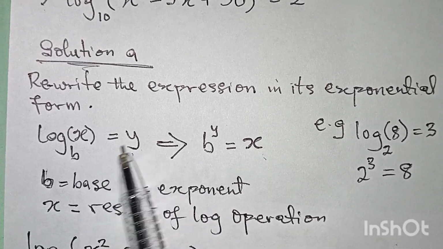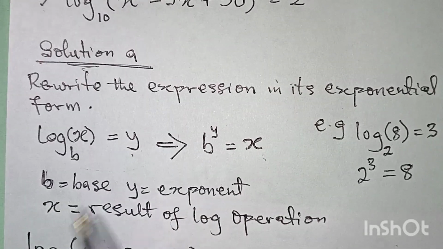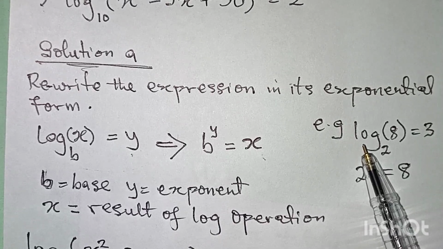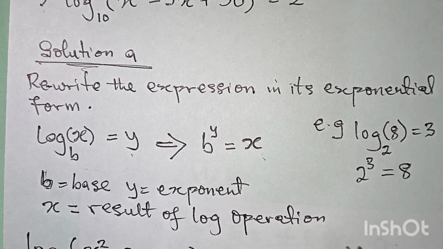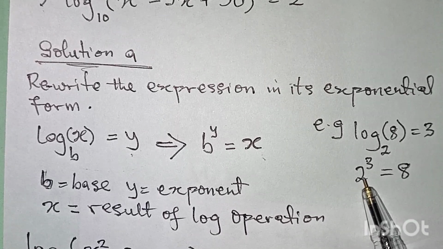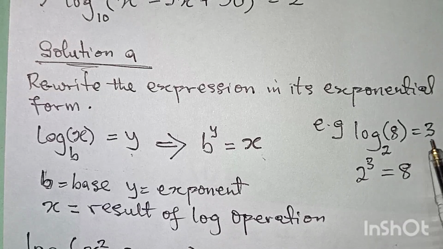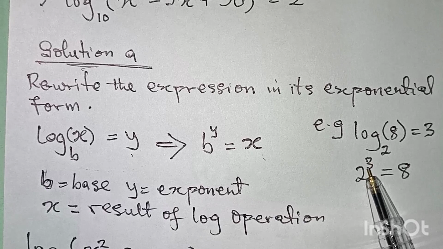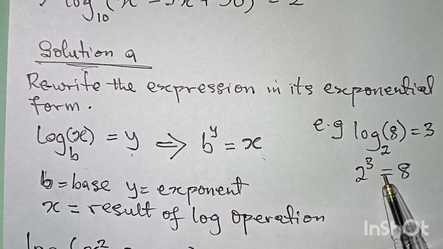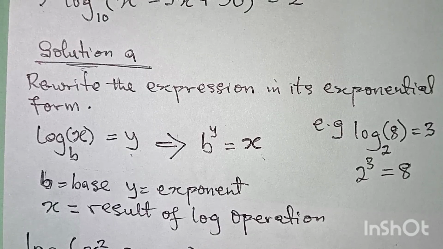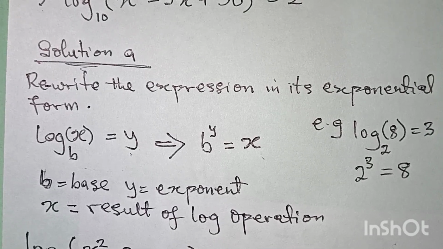And x is the result of this operation that you just made. Now take an example given here. Log of 8 to base 2 equals 3. The 2 becomes the base here, while the 3 on the other side of the equality sign becomes the power, or the exponent. 8 is the result of that expression you just did. I hope you get it.